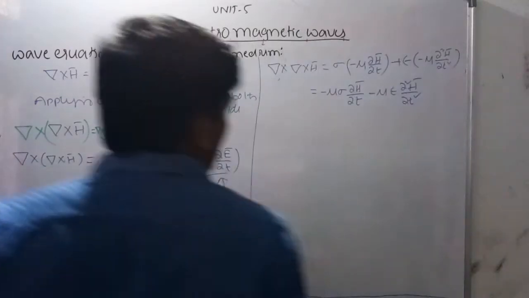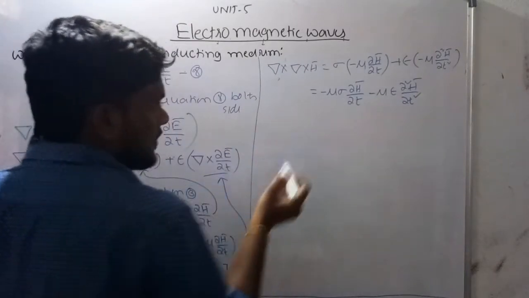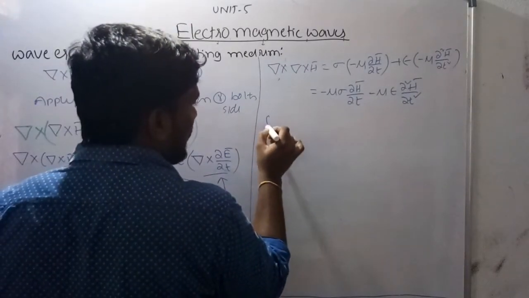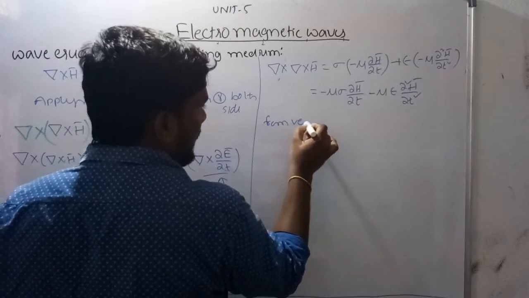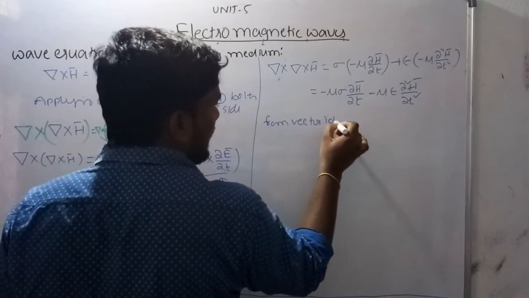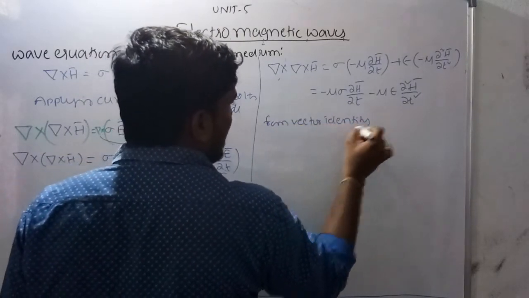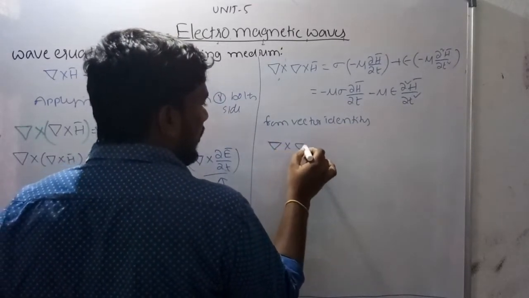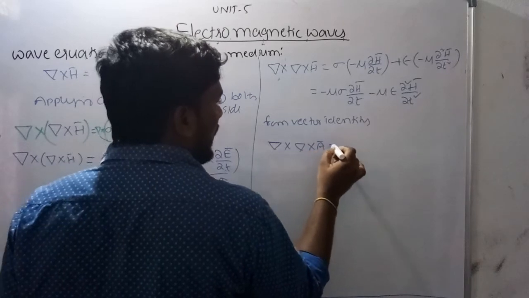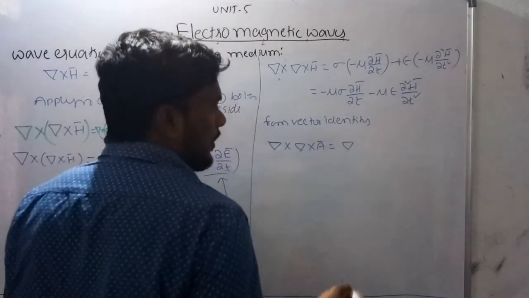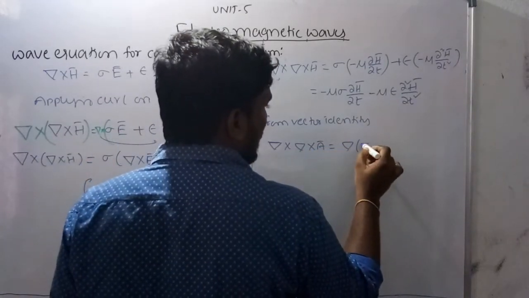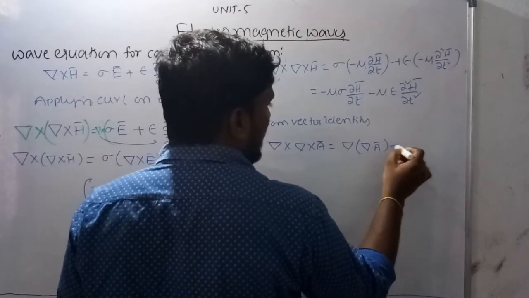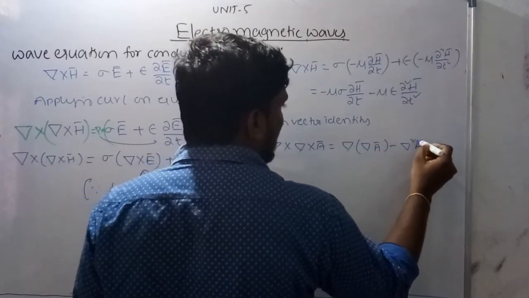Now see, here there is a vector identity. From the vector identity, applying the curl of any vector A bar, it is equal to the divergence, del dot A bar, minus del square A bar.